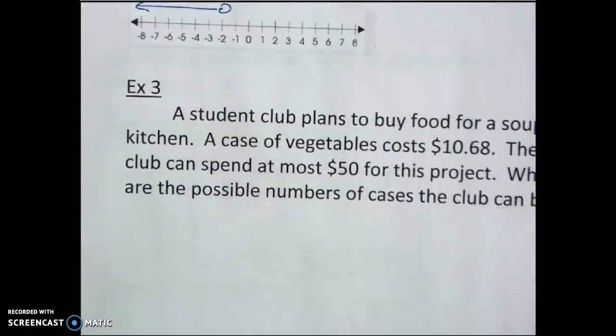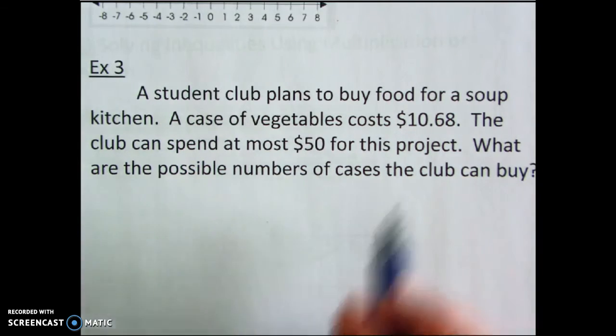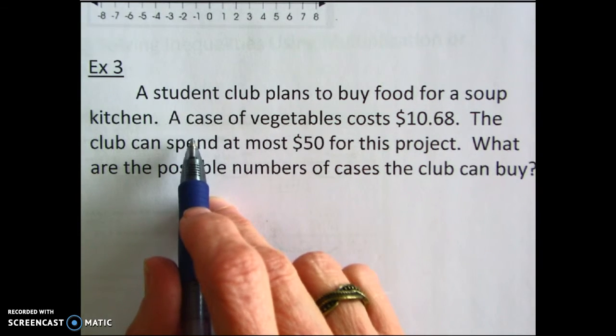All right, finally, a student club plans to buy food for a soup kitchen. A case of vegetable soup costs $10.68 and the club can spend at most $50 for this project. What are the possible number of cases of food that they can buy? So we have $10.68 for a case.